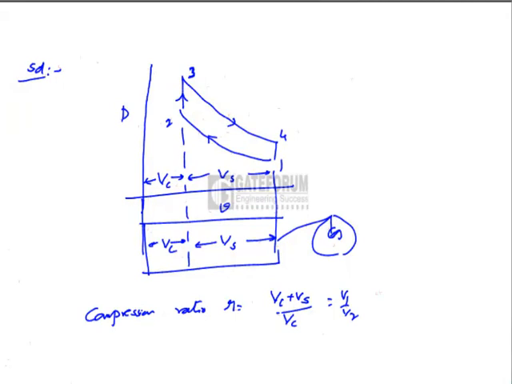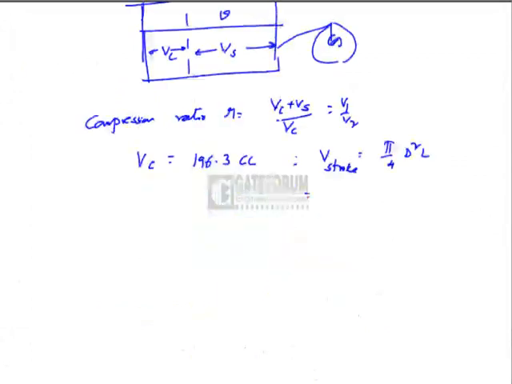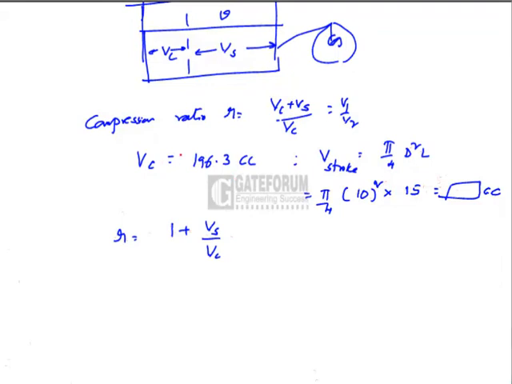Now Vc is given as 196.3 cc. We calculate V stroke or swept volume or displacement volume as pi by 4 d square L, that is pi by 4 into diameter 10 square, and stroke length is 15. So we will obtain V stroke also in cubic centimeters. Therefore compression ratio R is 1 plus Vs by Vc.